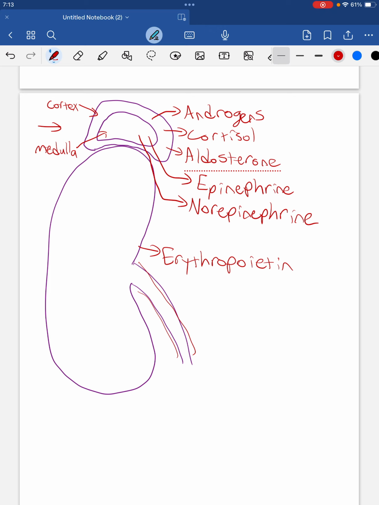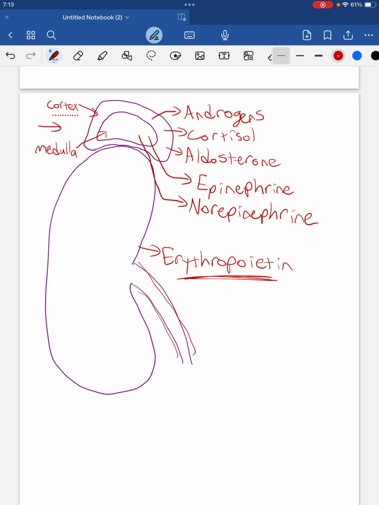So that's all caused by erythropoietin. Now erythropoietin can be shut off so as not to get polycythemia, which is having too many red blood cells. That would make our blood thick and can cause issues. Or we can become anemic, having not enough red blood cells. So erythropoietin helps to stabilize the amount of red blood cells that we have.